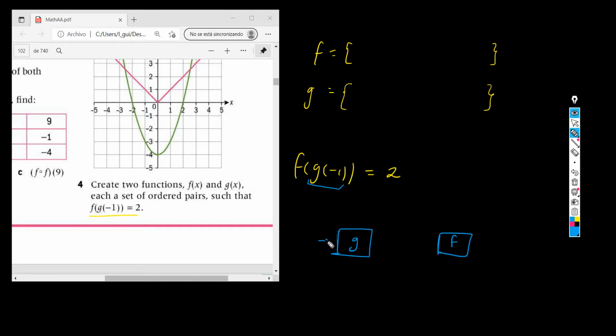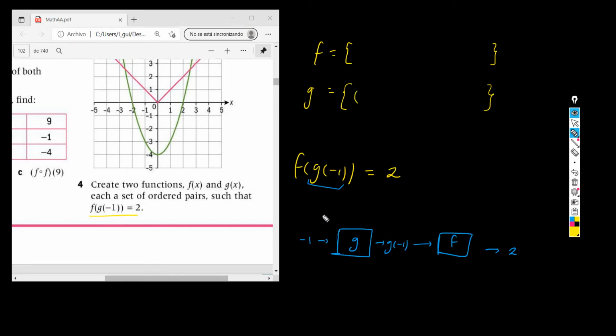When I input -1 to g, g is going to give me g of -1, which is this thing inside. And then when I give this value to f, f has to give me 2 in return. Okay, you see?